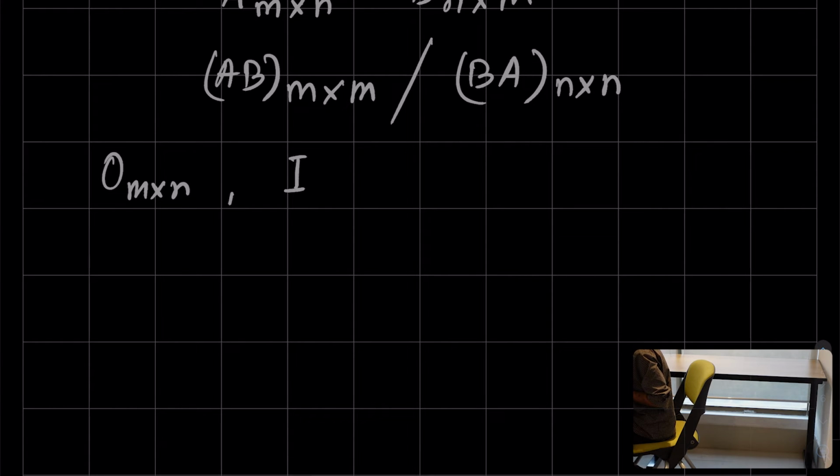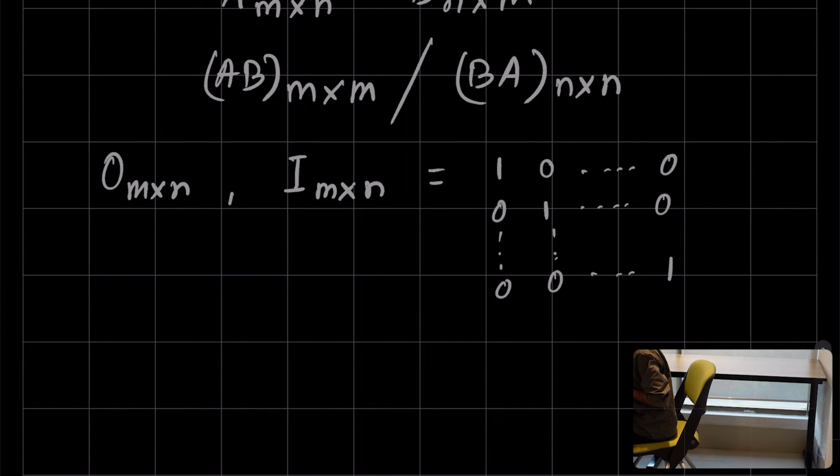This is called I, or the identity matrix. What is this matrix? Diagonally all the elements are 1. So this is like 1, 0, 0, 0, 1, 0, 0, 0, 1.